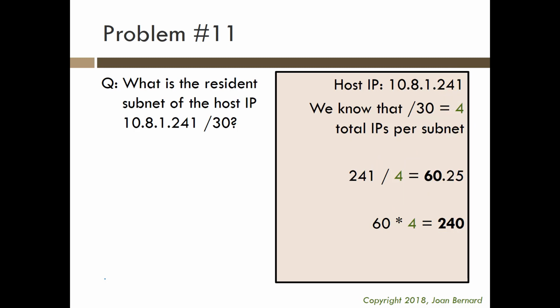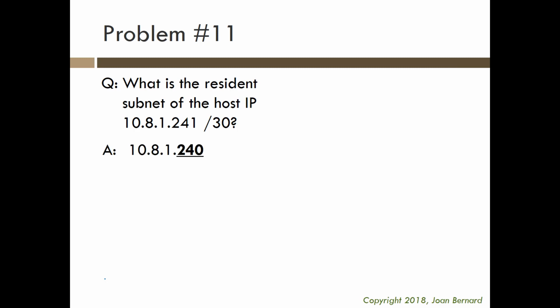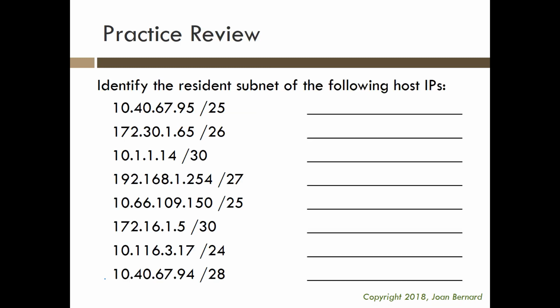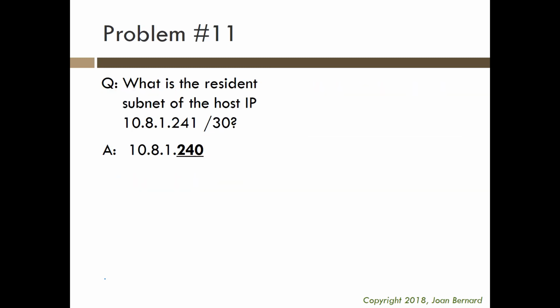Okay. Now, when we take a look at that, that .240 is the network IP. So something I want to think about is that the answer would be 10.8.1.240/30.